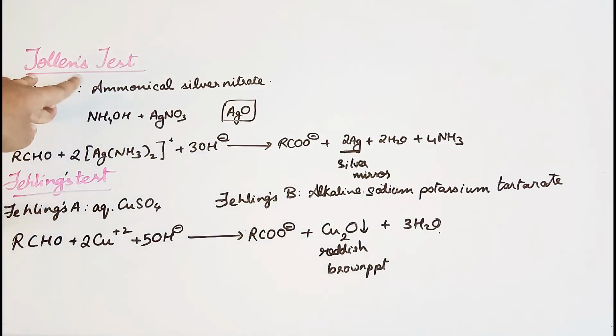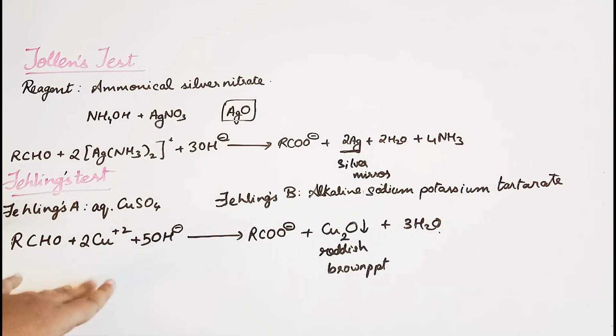Tollen's test is given by aromatic as well as aliphatic aldehydes, whereas Fehling's test is given just by aliphatic but not by aromatic aldehydes. With that, we're done with these ways of differentiating ketones and aldehydes. In the next video, we'll be discussing aldol and cross-aldol condensation.